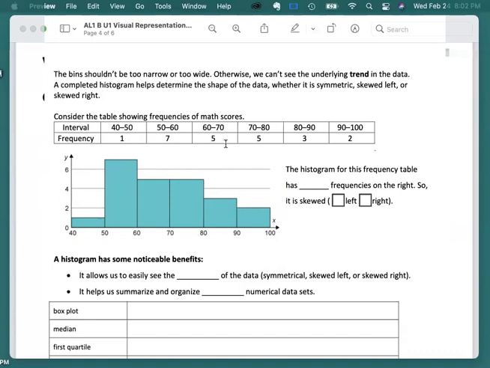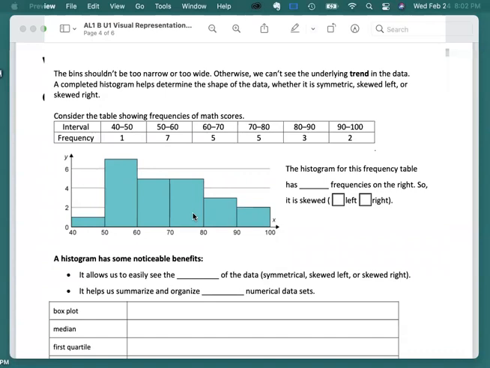And then we can see that for both 60 to 70 and 70 to 80, 5 people each, so 5 here and 5 here. And then 80 to 90, 3 people got, and 90 to 100, 2 people got. So it really looks like this teacher needs to focus on the students that scored between 50 and 80.